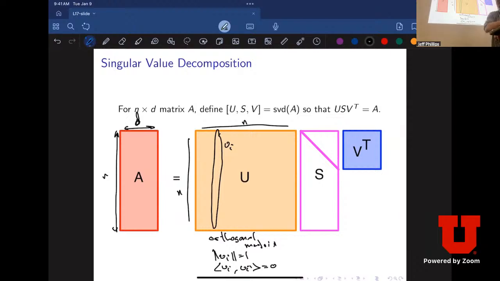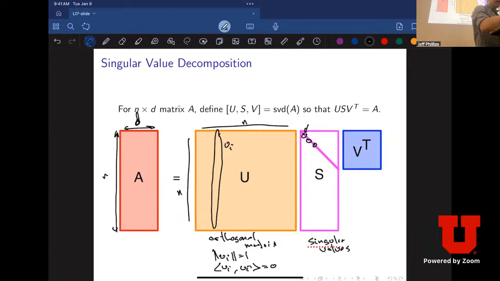Typically we want more data points than dimensions, maybe this isn't always true anymore. But then this matrix is going to be much bigger than A. The good news is that there's another matrix over here, S. These are going to have the singular values in it, which are the points along the axis here.